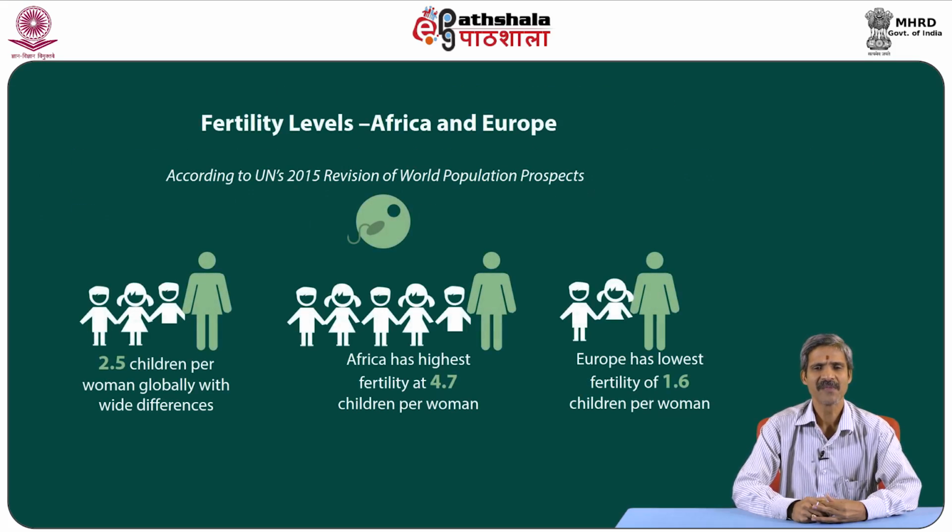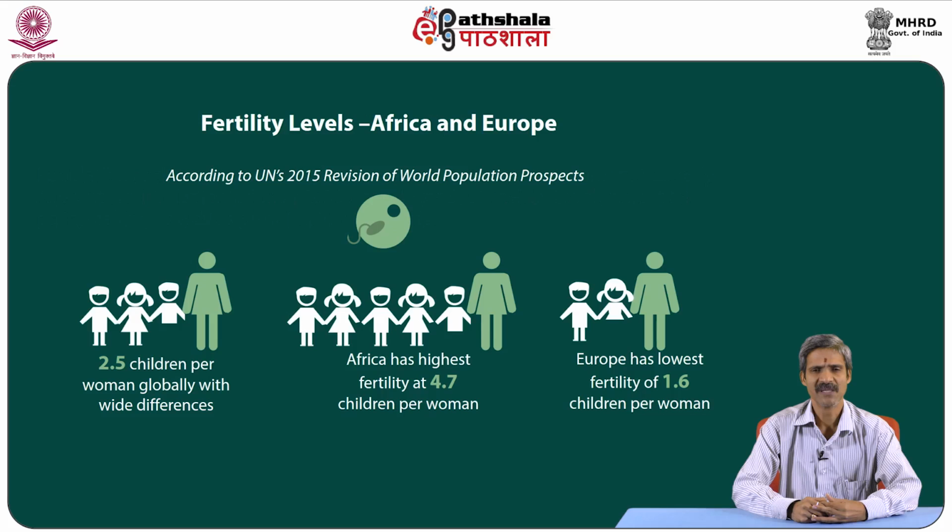Let us now examine the fertility levels in Africa and Europe. According to the UN publication, namely the 2015 revision of World Population Prospects, the total fertility is 2.5 children per woman globally.